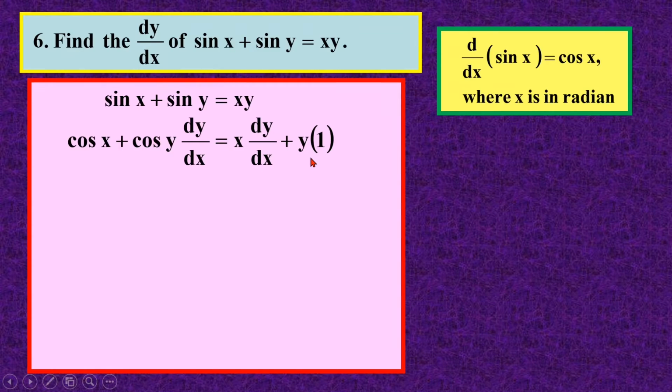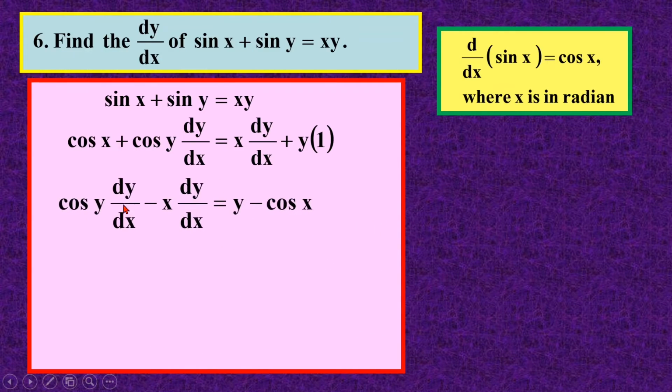It's time to arrange. So I'm going to bring all the dy/dx on the left hand side and all the terms without the dy/dx on the right hand side. Once that's done, the next thing, of course, is factorizing dy/dx out.